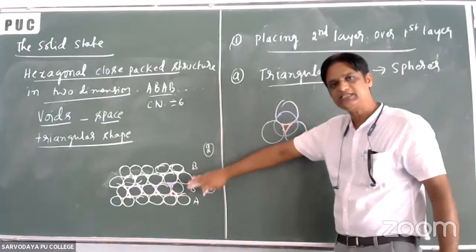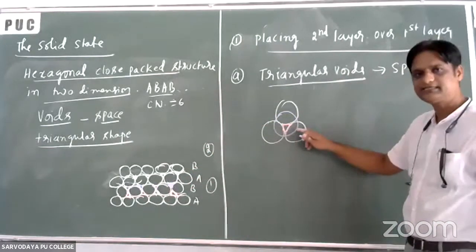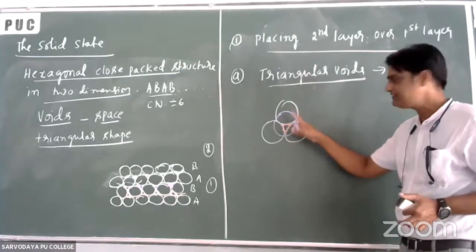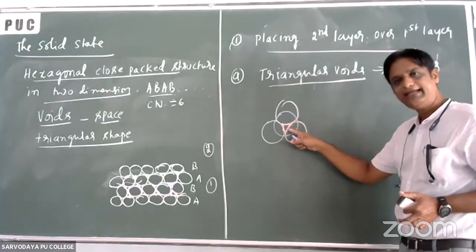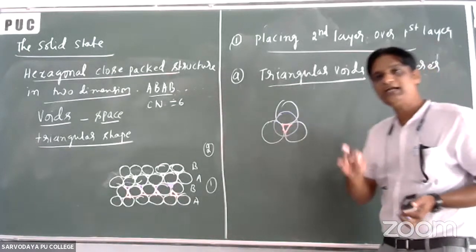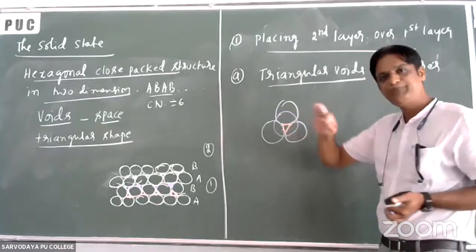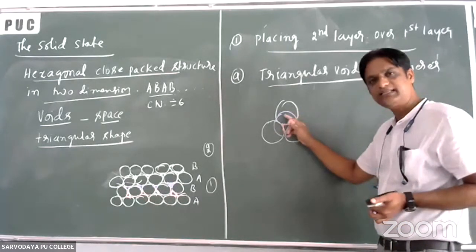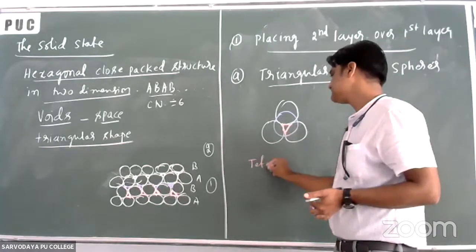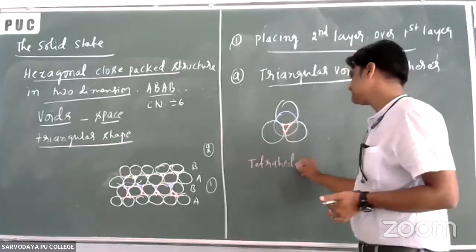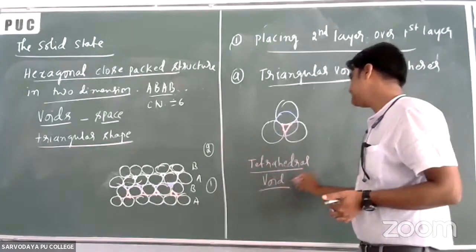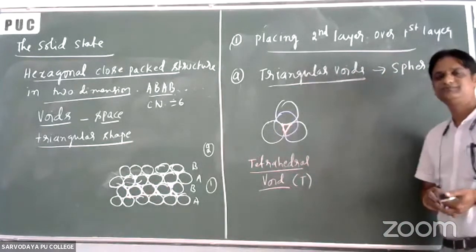So when second layer is placed over the first layer, in some places you can see that this is sphere of second layer and these are spheres of first layer. Sphere of second layer covers the triangular void. See, such void which is generated when sphere of the second layer is placed over the triangular void, it is called as tetrahedral void. So why actually is it called tetrahedral void?